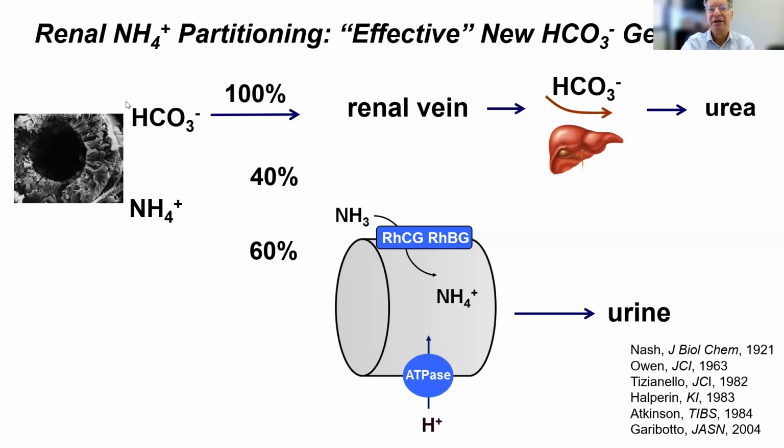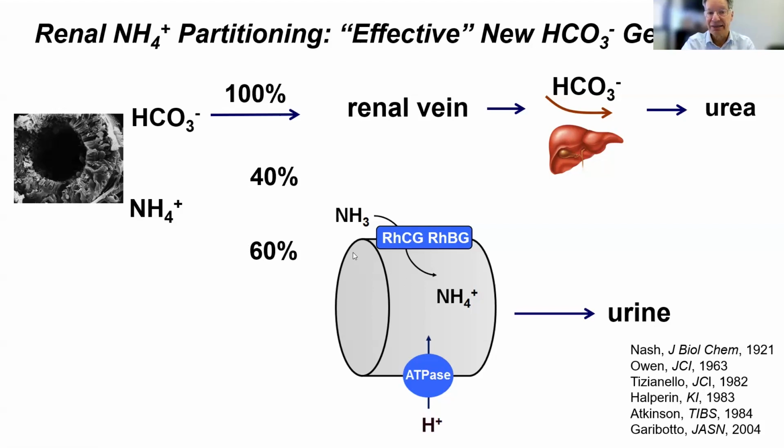Not all the ammonia that is produced in the proximal tubule gets sent to the renal vein or the urine. It turns out it's partitioned. There's a concept called ammonium partitioning, where 40% of the ammonia that's made goes back to the renal vein, and that depletes 40% of the bicarbonate in the formation of urea. So that's sort of a futile cycle. But we do get rid of 60% of the ammonia that was made, and we send it to the urine.